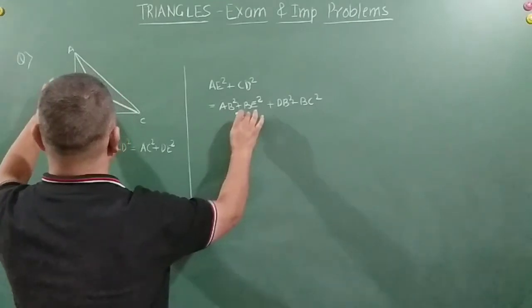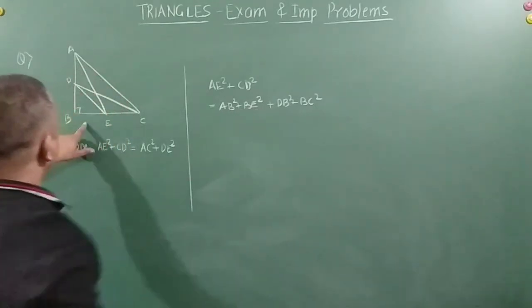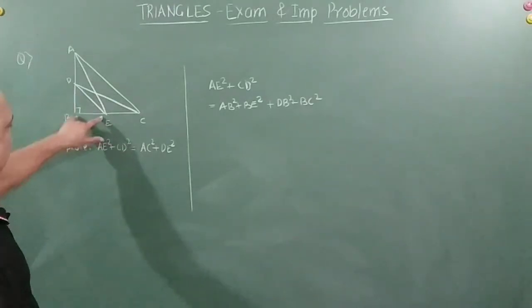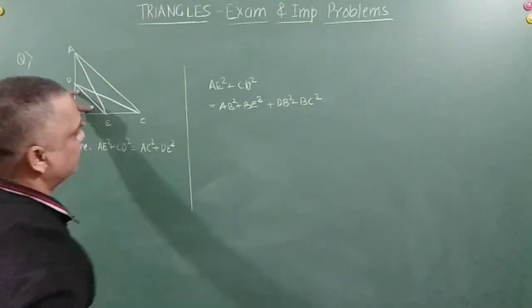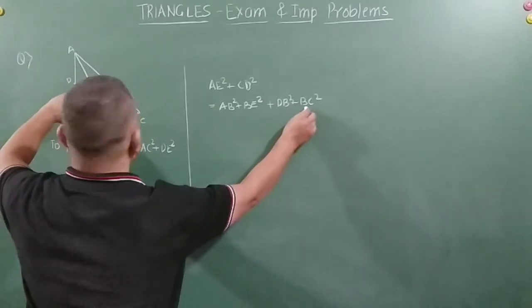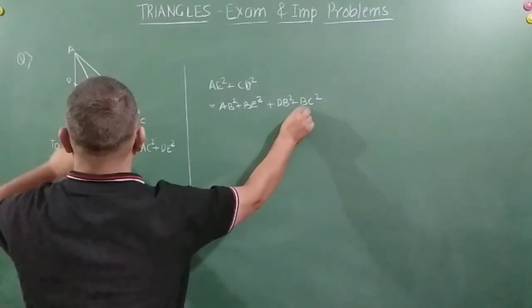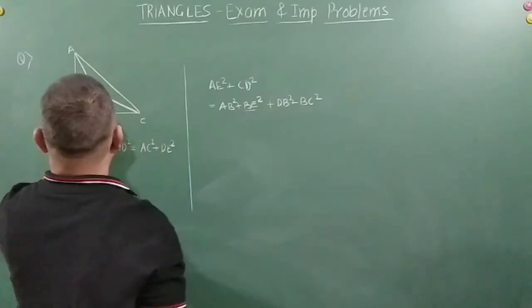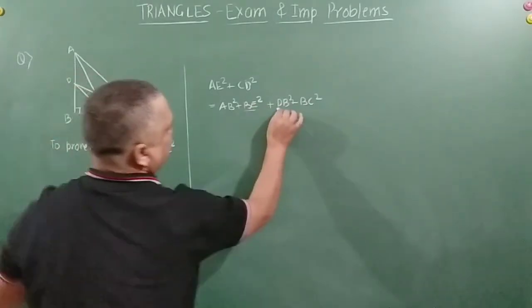Okay, fine. Now, in this triangle, can we write DB square plus BC square is equal to DE square? Correct? So BC square is here, friends. Sorry, I want to take BE. BE square plus DB square, yeah.